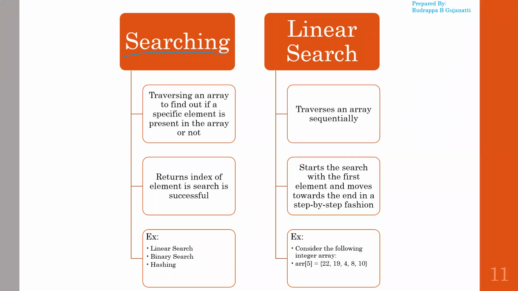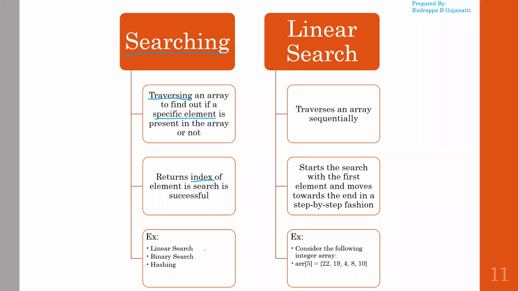So we're trying to find a specific element within the array. If the search is successful, that is, if that element is present in the array, then I return the location, that is the index of the element, or else I won't return anything.